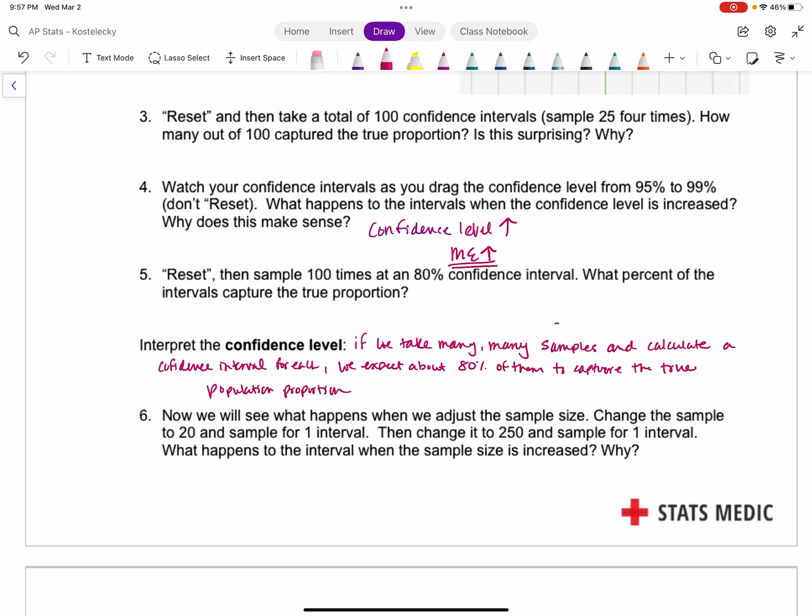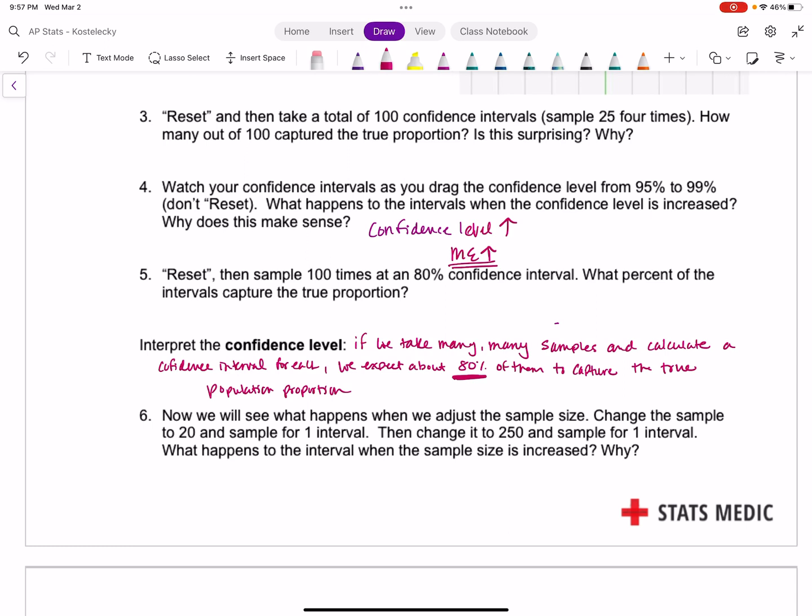Okay, this looks terrible though. This should be capture. Okay, so basically whatever our confidence level is, we expect that percent of them to capture the true population proportion.